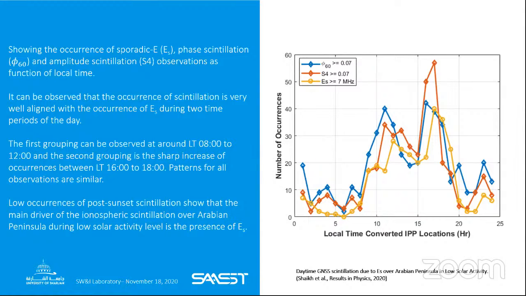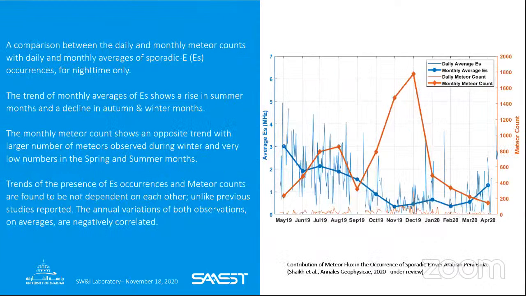But now the next question is, why is ES present in low solar activity? We have to understand that for the next step. One very common answer is that the ES layer is present at a certain geographical location because of burning or ablating meteors.